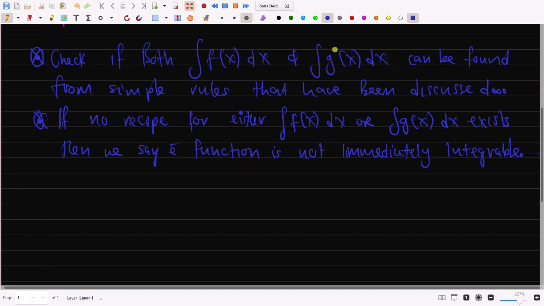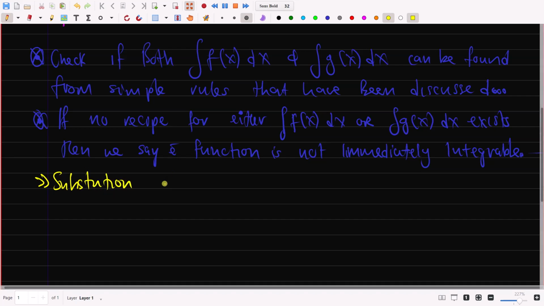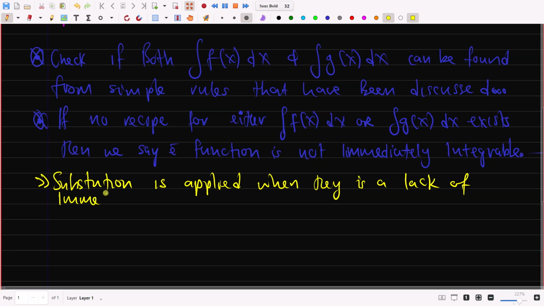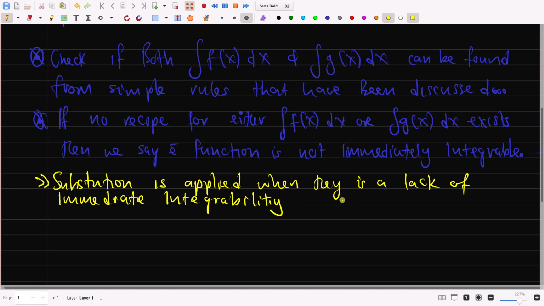You see, substitution is applied when there is a lack of immediate integrability. So whenever there is a lack of immediate integrability, we apply substitution.